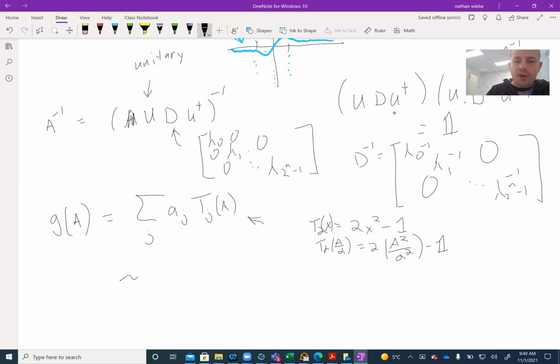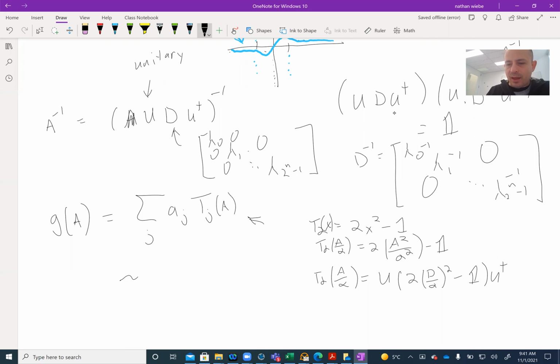When we expand it in its eigenbasis, we end up seeing that T2 of A over alpha is equal to U times (2D squared over alpha squared minus identity) times U dagger.